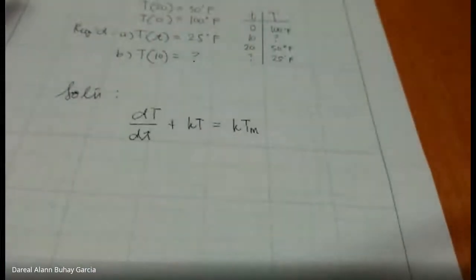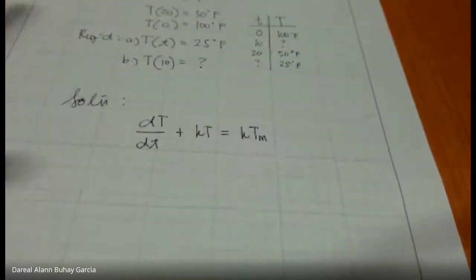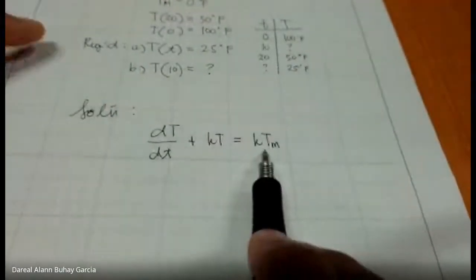K is unknown, a function of t. Tm is given as 0 degrees Fahrenheit. So 0 ni. Swerte lang ta sa kaning problem, but it's not all of the time nga ang situation. KT.